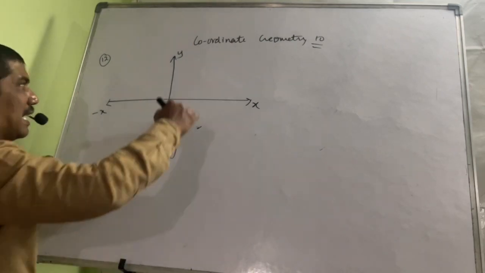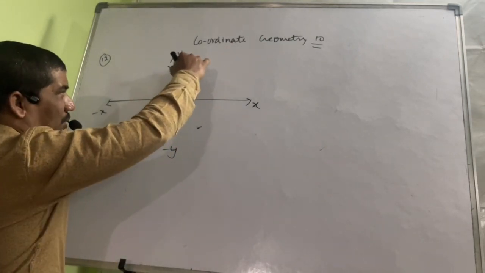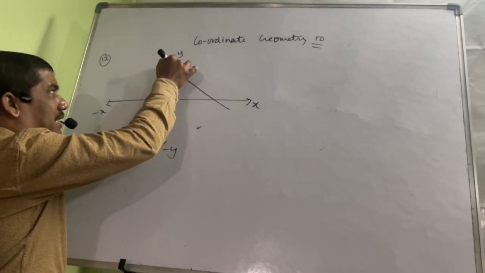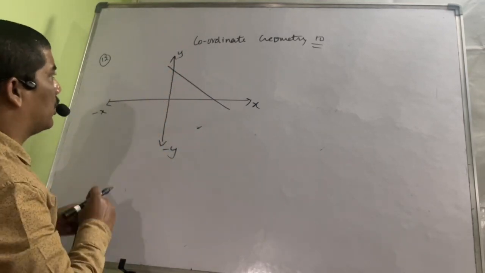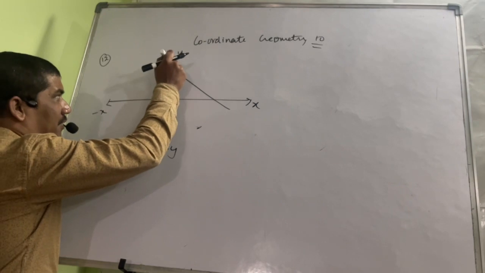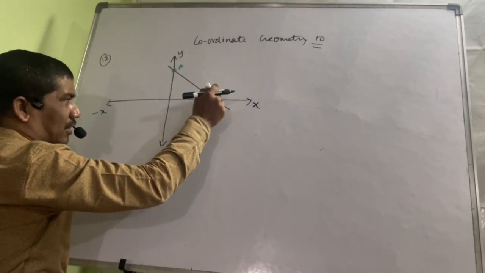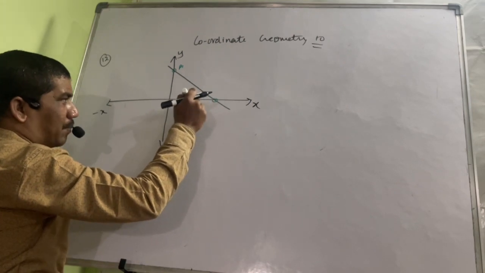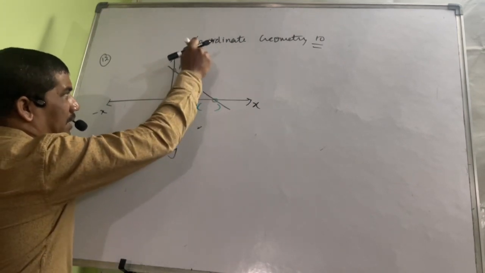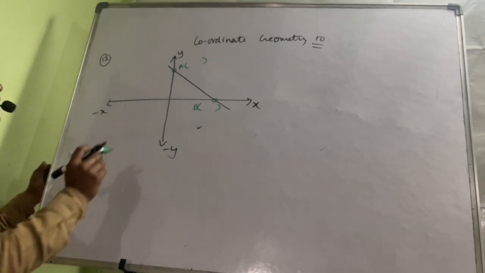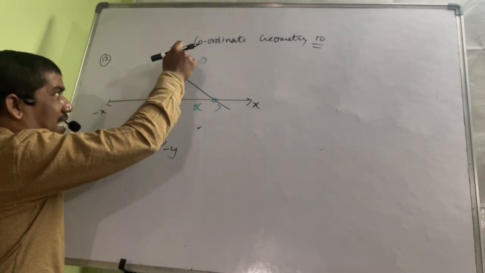Right. So one line segment is like this. It's going like this. So here it is meeting. Suppose here it's meeting now. This point where it is meeting, we take as A. This point where it is meeting on the x-axis, we take as B. Okay? And now you should consider that on the y-axis the x value will be 0.